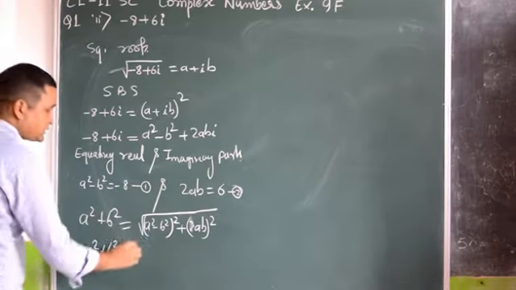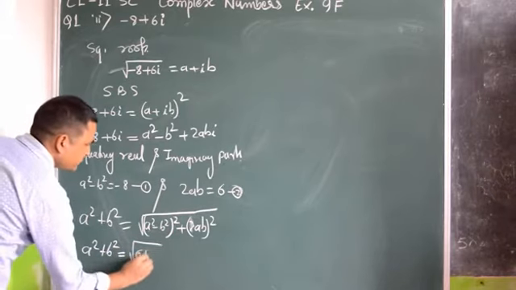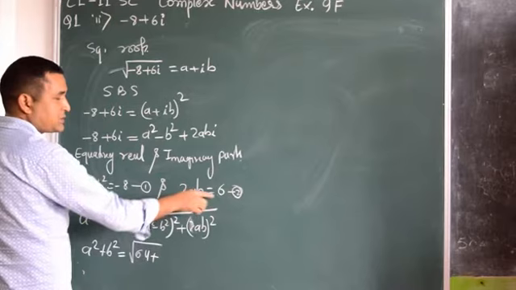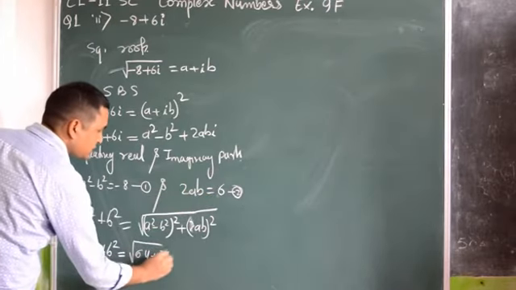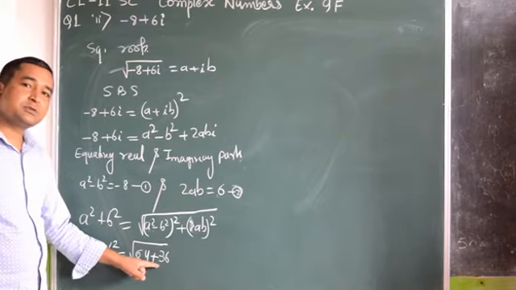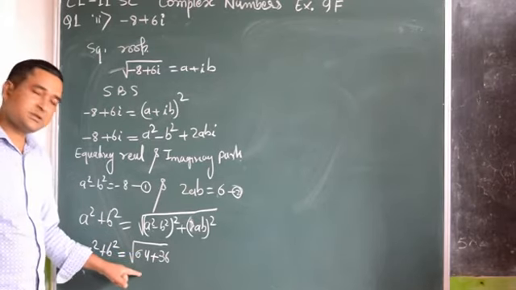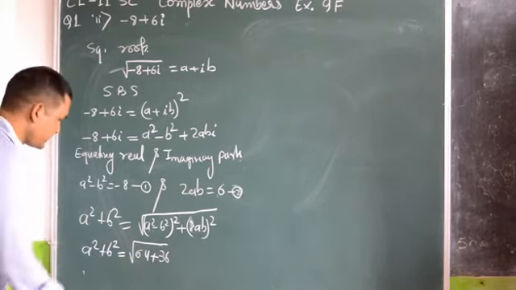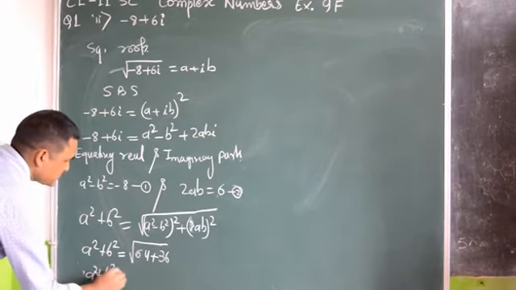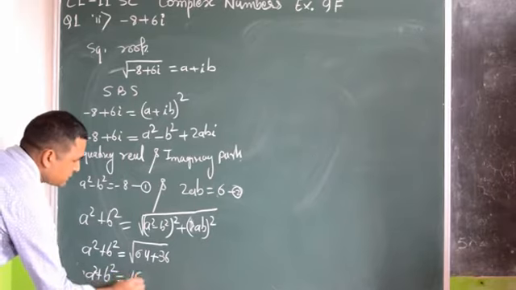Square of minus 8 is 64 plus square of 6. 2ab is 6. Square of 6 is 36. 64 plus 36 is 100. Square root of 100 is 10, so a square plus b square equals 10.